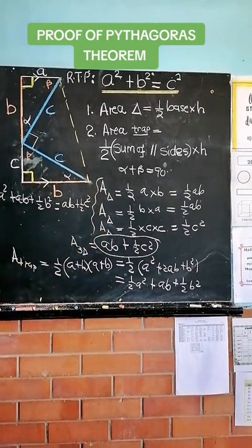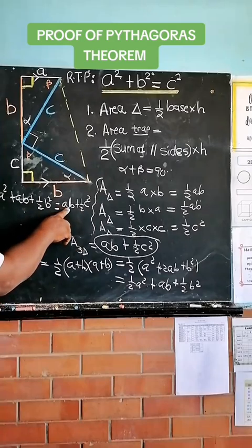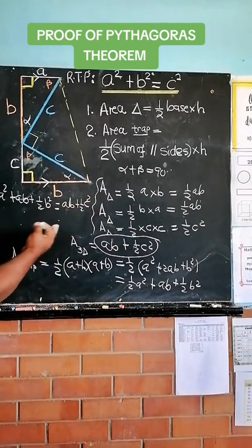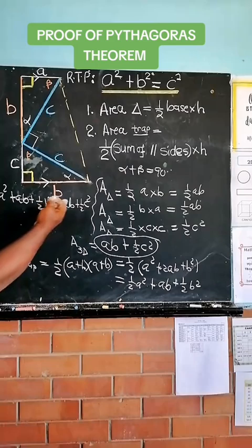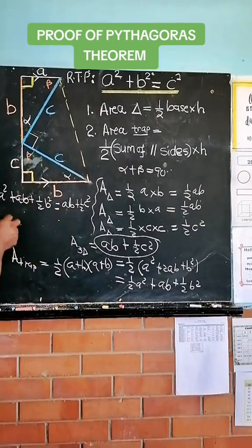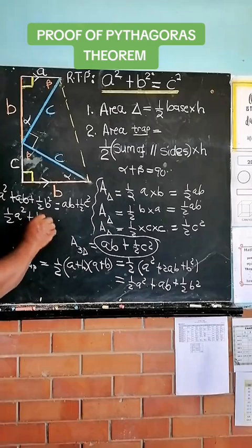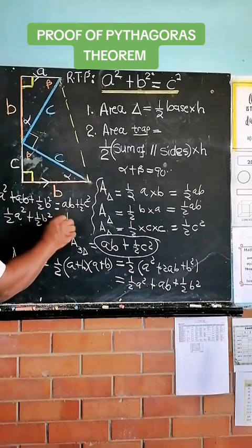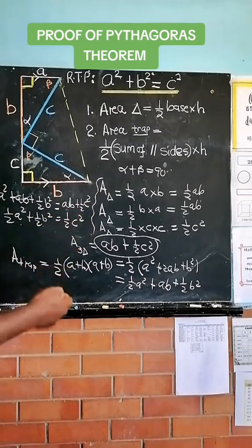Now, AB and AB are the same. If I take this one that side, they will simplify to 0, because AB minus AB will give us 0. Therefore, what survives is half A squared plus half B squared is equal to half C squared.